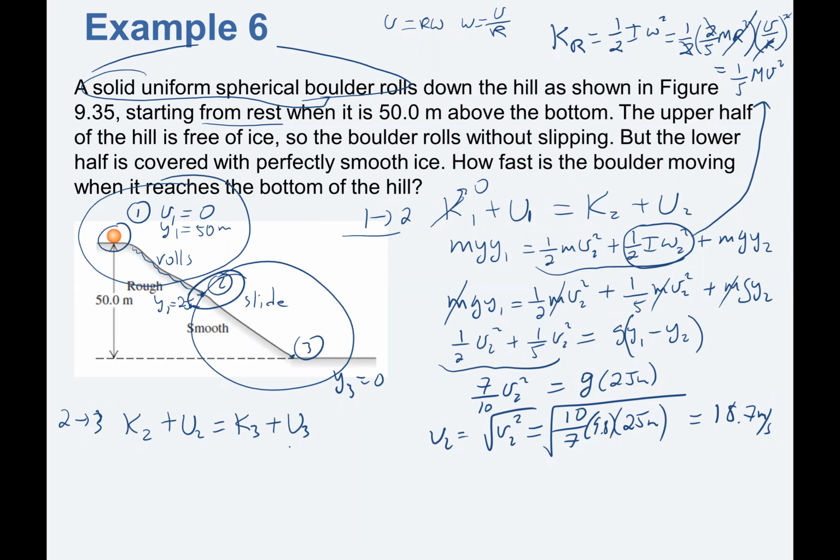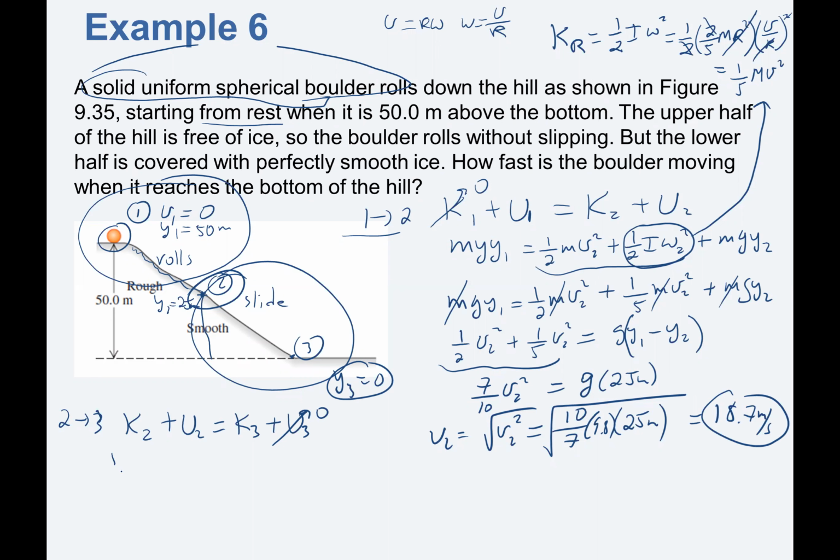Now, one thing I know here is there is no potential energy at 3 because that's my reference point. But I have kinetic energy and potential energy at point 2 because it has a speed of 18.7 meters per second, which we just calculated, and it is 25 meters above the ground.